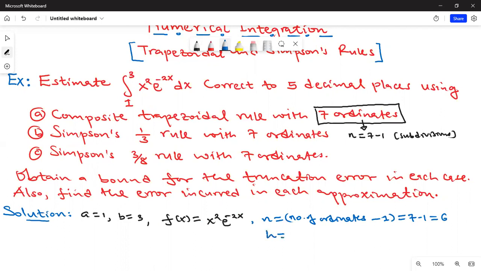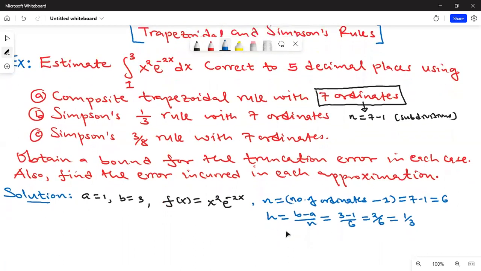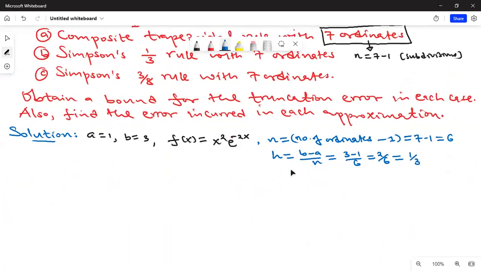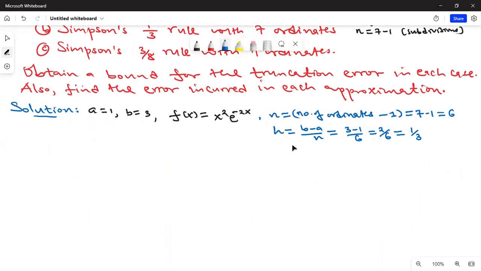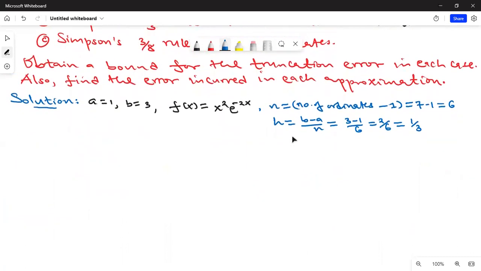Remember, h is equal to b minus a over n. Our b is 3, a is 1, our n is 6. That is 2 over 6, which if you simplify, you get 1 over 3. And h here means the step size, or the interval between those strips, those ordinates.